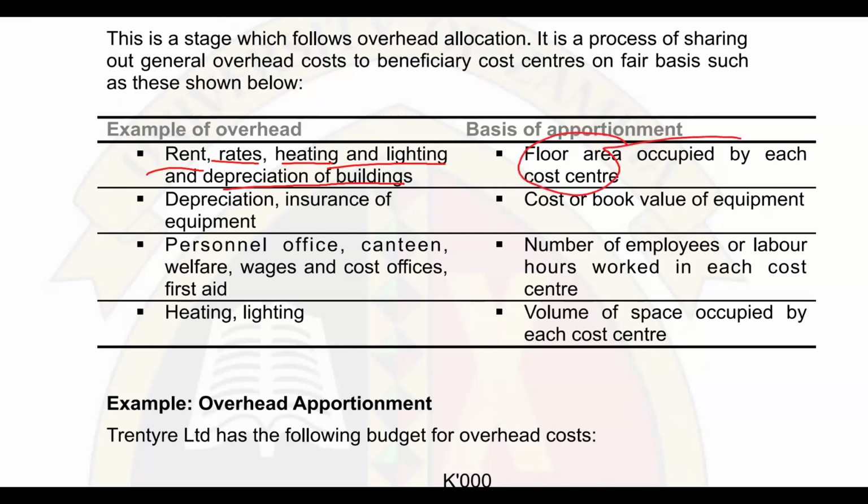Once you find these listed, rent, rates, heating, lighting, depreciation of the buildings, just check on the basis of apportionment. If you find the basis of apportionment as the floor space, the floor area occupied, please get that one. Don't even debate.